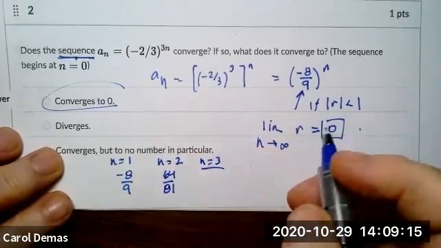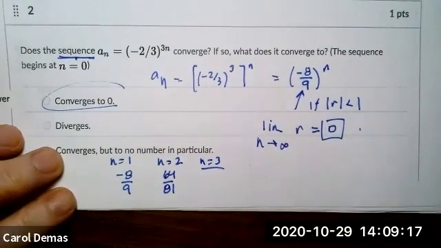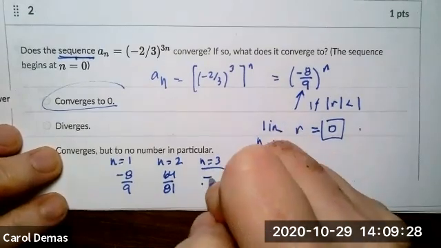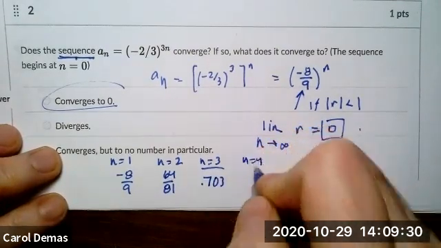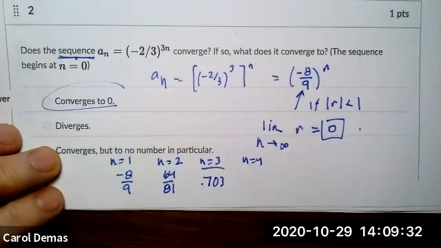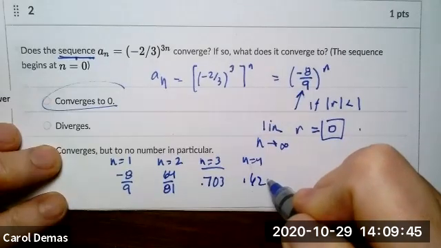When n is equal to 3, this wasn't a good example. I'll give you the decimal form. .62.